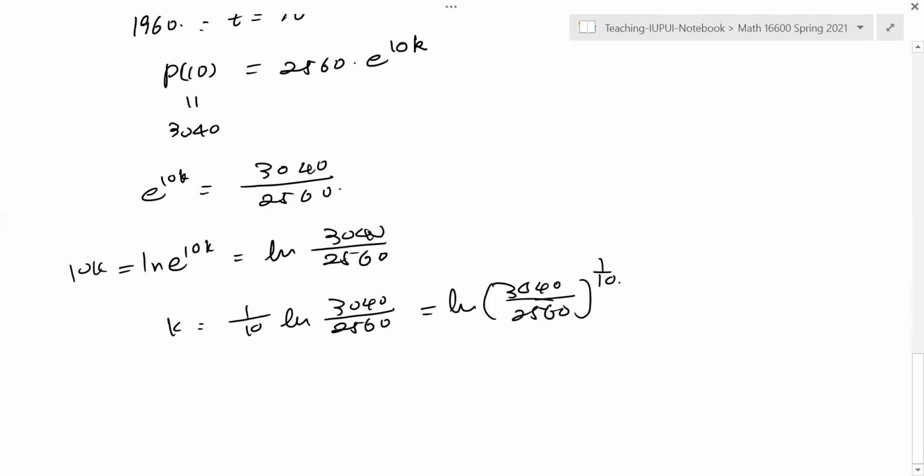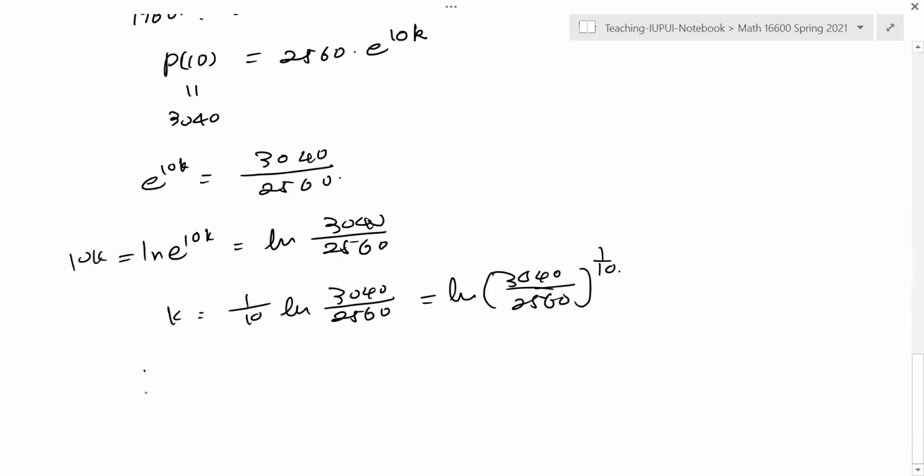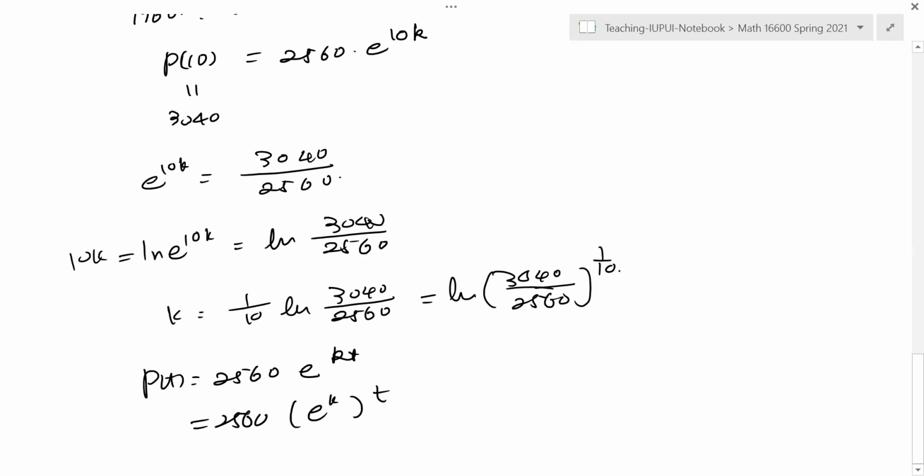So let's see what P of t is. P of t again is 2,560 e to the kt. And e to the kt is e to the k, to the power t.